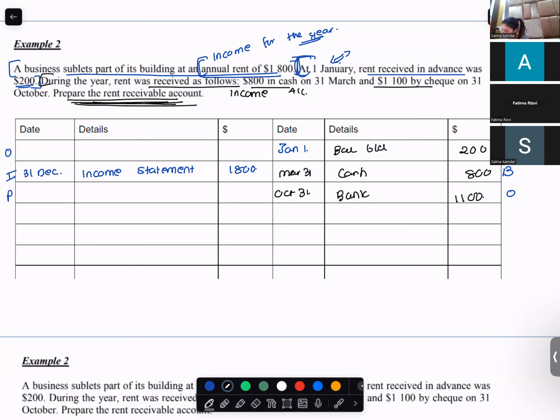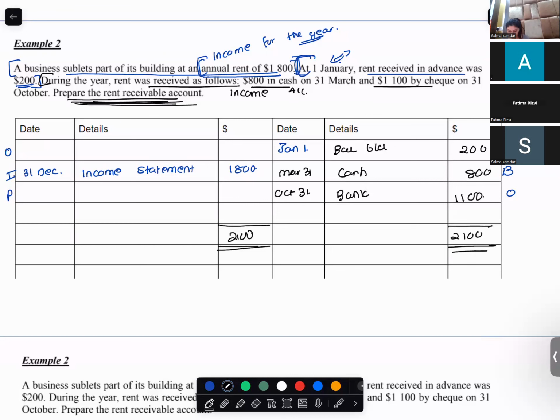Credit is more, yes, credit, sorry. 2,100. Now how much is the difference? 300. Close it down. Then you bring it down on the opposite side.